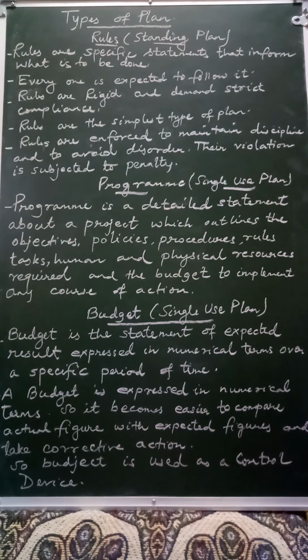The second point of difference is flexibility. Procedures are more flexible and rules are rigid. On violation, if you are not following the procedure, there is no specified penalty mentioned. But for the rules, if they are not followed properly, there is a penalty.